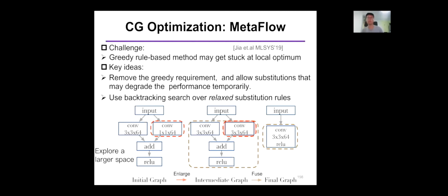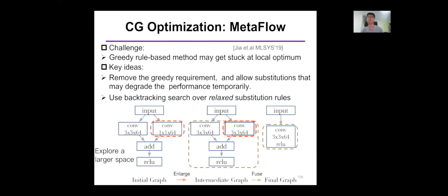For example, as shown in the figure, a large substitution is first applied to a large convolutional layer, which in fact increases the intermediate total cost. However, after the subsequent substitutions that fuse operations like add and ReLU together, the final optimized computation graph can achieve a higher speedup.